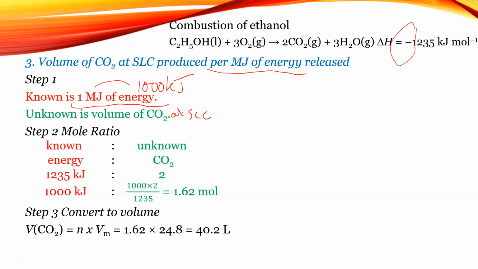So now we're going to divide by the 1235 and multiply by 2 to get our mole of CO2. So divide by the coefficient of the known, multiply by the coefficient of the unknown. And I'm sorry if this is sounding repetitive, but I'm hoping that by the time we get through all of this, everyone will be very good at doing their stoichiometry.